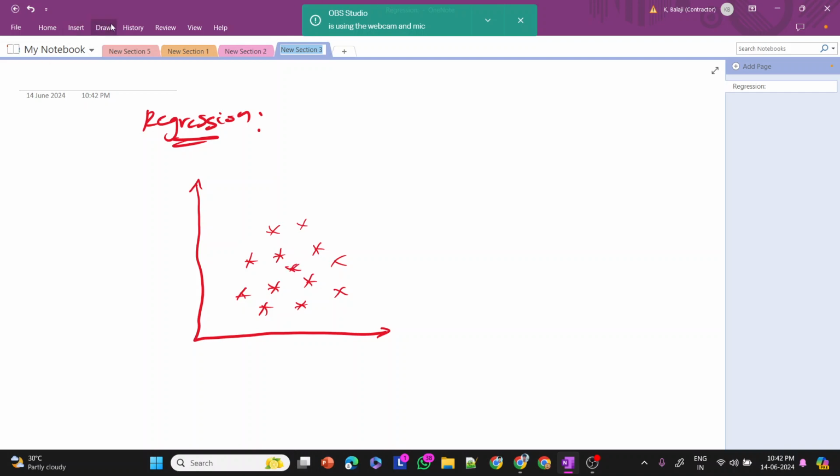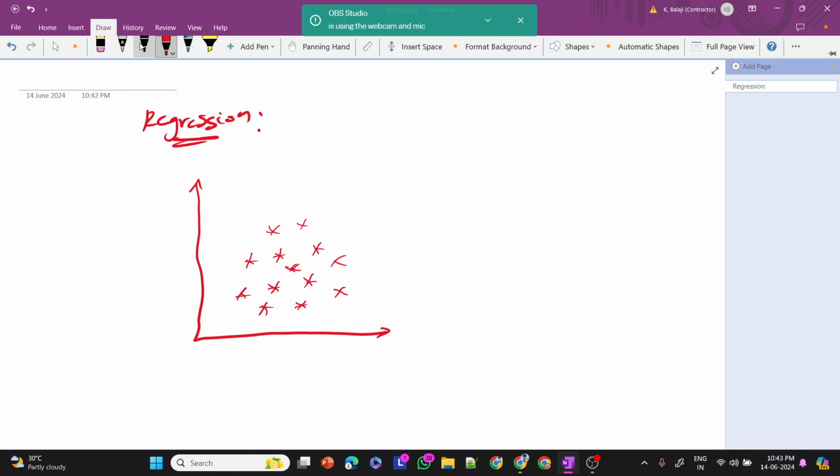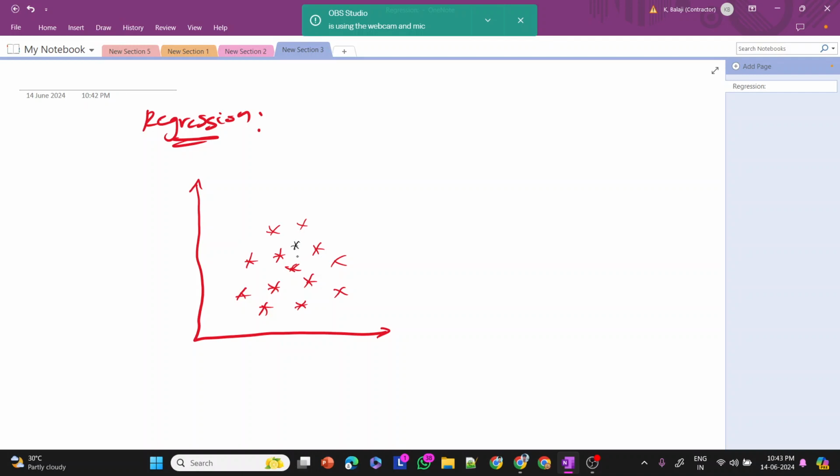We have a new point here, and we need to predict what is the output for this point.